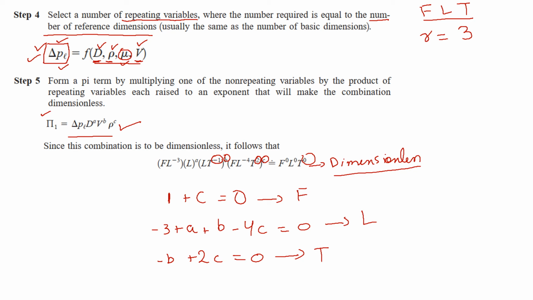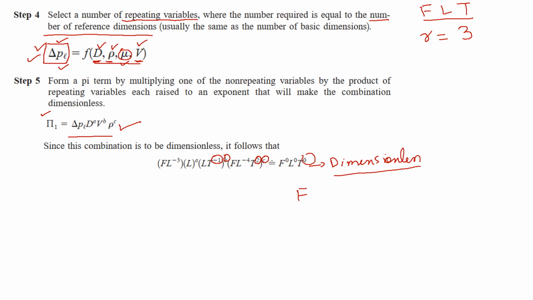Let's find the values of a, b, c, and before doing that, let's write these equations in a cleaner manner so that you might understand. This is the equation for c by taking the power of the force terms.